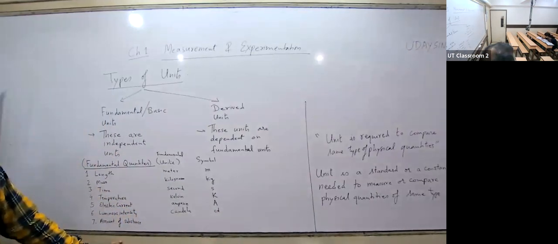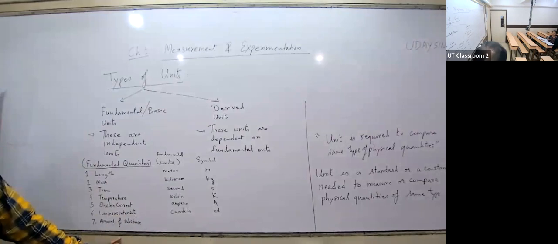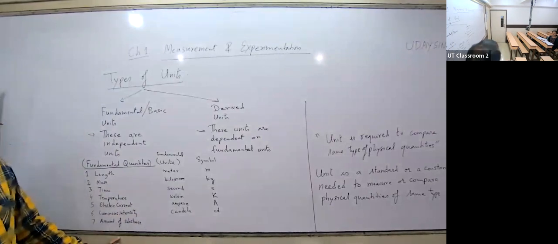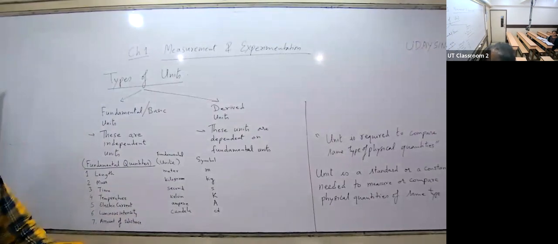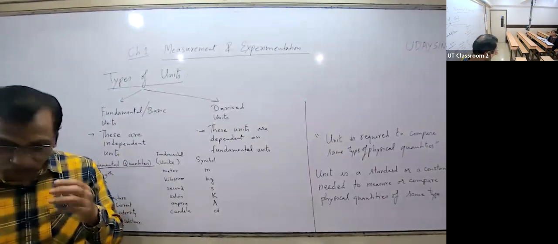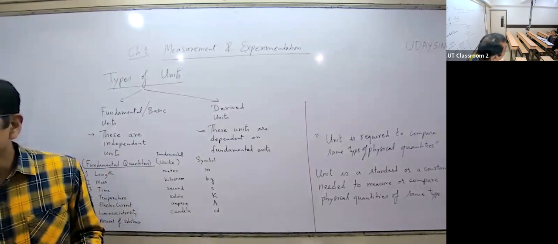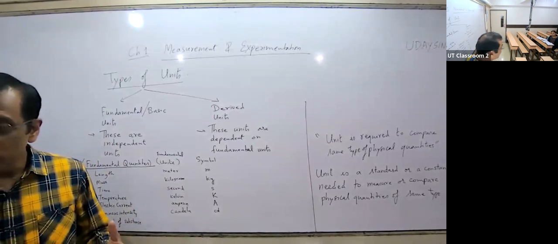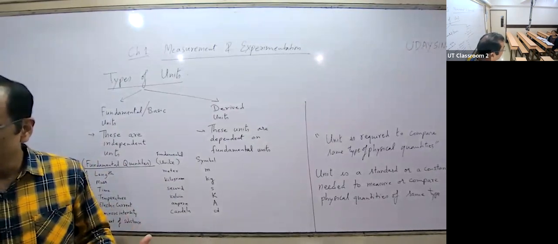Amount of substance. When you are dealing at the atomic level in the microscopic world, you don't deal with one or two atoms. You deal with a large number of atoms. Like in the real world, we deal with some group of quantities like a dozen. Always 12 quantities of the same type make a dozen.